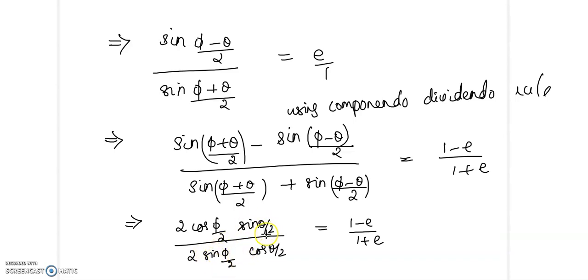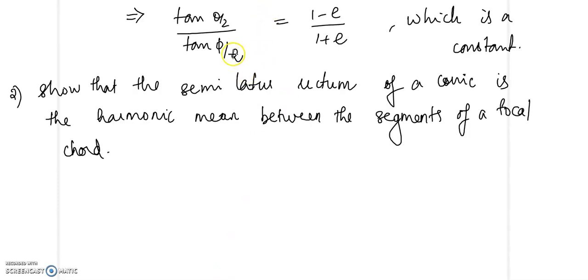Now you have sin(θ/2) by cos(θ/2), that becomes tan(θ/2). Similarly, cos(α/2) with sin(α/2) gives 1 by tan(α/2) on the denominator. So we get tan(θ/2) by tan(α/2), which is equal to 1 − e by 1 + e.